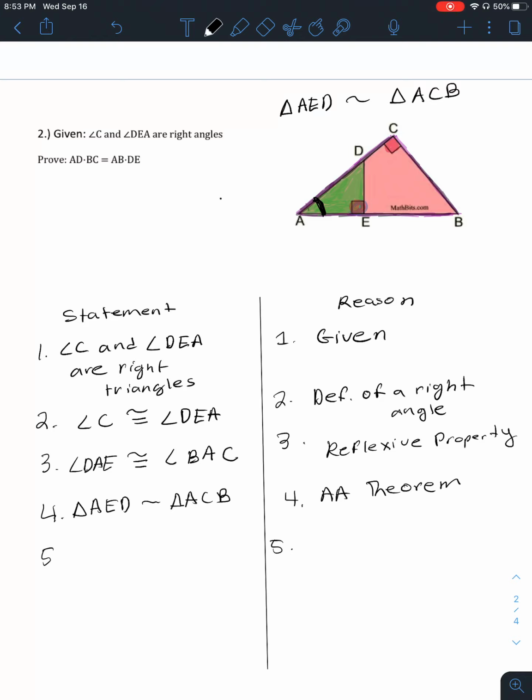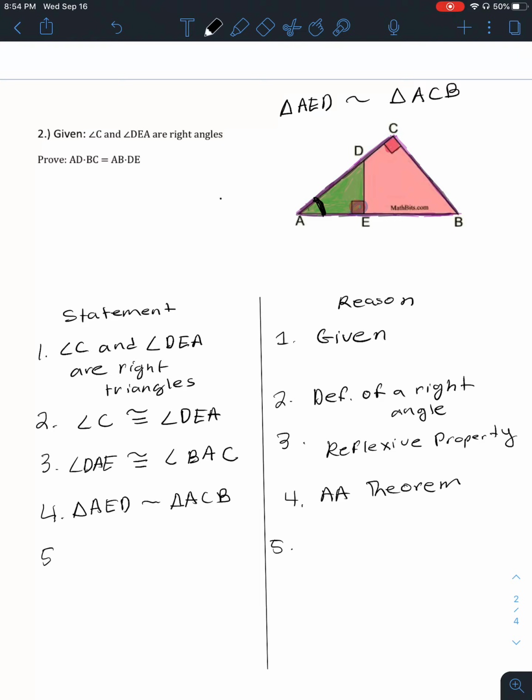So now here we are. What do we do next? And this is the part where you have to think outside the box. We see side lengths AD, BC, AB, DE, and we see that these are lengths on the small triangle and on the big triangle. So there's only one thing that relates both of them when we are dealing with similar triangles, and that is the fact that the sides of similar triangles are always proportional.